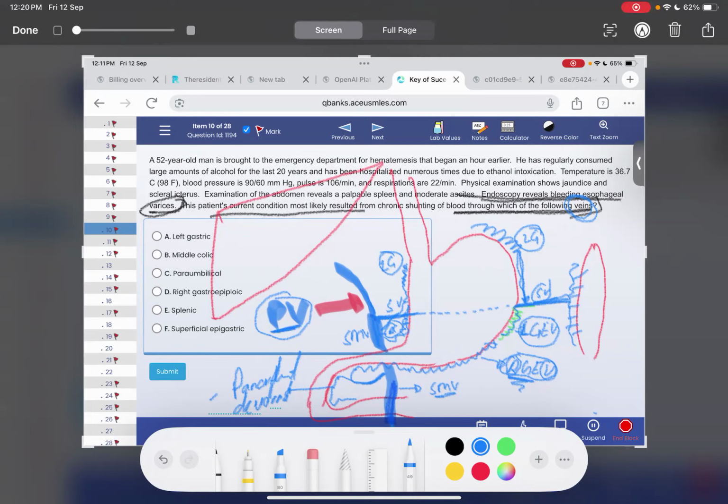So left gastric and right gastric drain into your portal vein, and this divides into your hepatic veins, like this and like this.